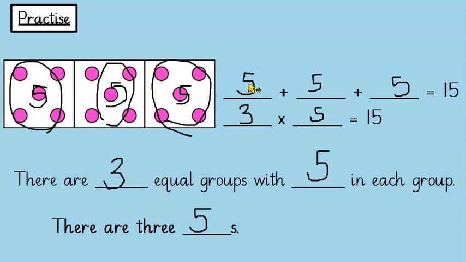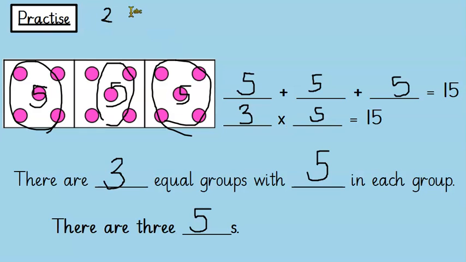I know it means that I need 5 3 times, but I don't have to write 5 add 5 add 5. Because sometimes that can get really long, can't it? Especially if you've got 5 groups or 10 groups, your number sentences can be really, really long. So, for example, I had 10 groups of 2. I would have to write 2.